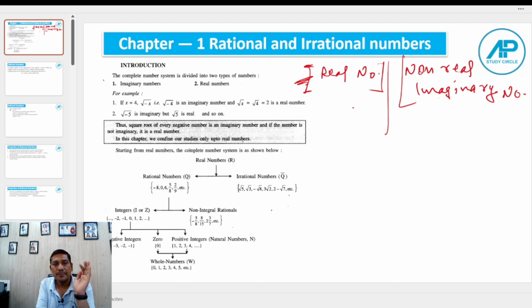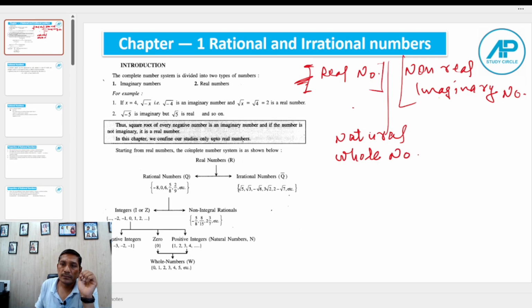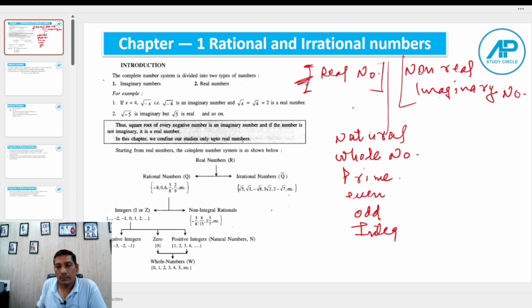तो अपने दिमाग में आप नंबर्स का टाइप सोचते जाइए. I am reading them for you. So real numbers, I say natural numbers, I say whole numbers, prime, even, or integral numbers.